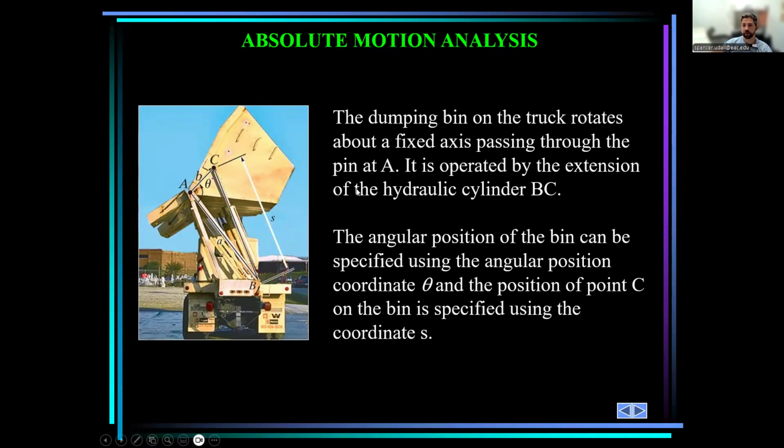There's multiple ways to do it, and the first way we'll try today is called absolute motion analysis, where we're essentially relating the linear motion to an angular motion using geometry. So something like this dumpster, right, that's both lifting as this hydraulic cylinder pushes on it and rotating as it does that.